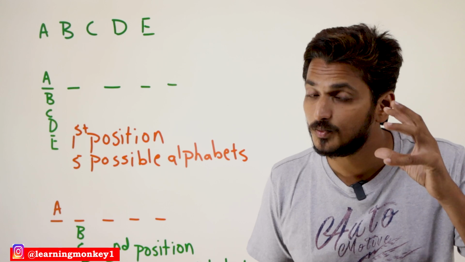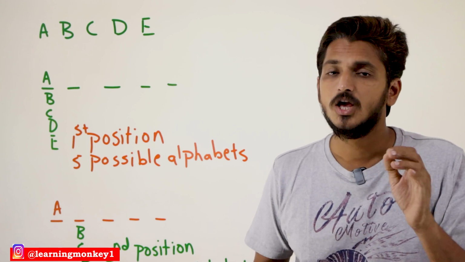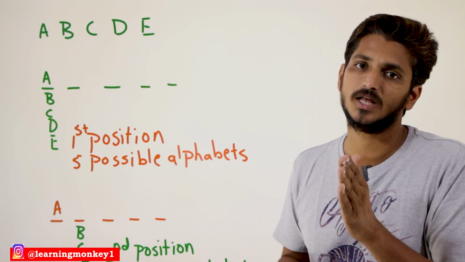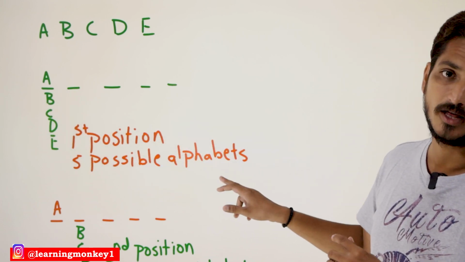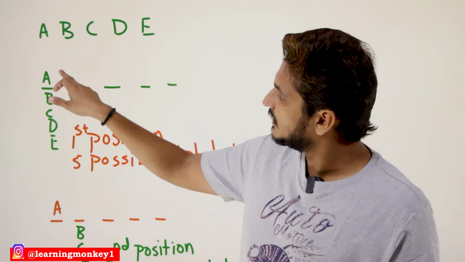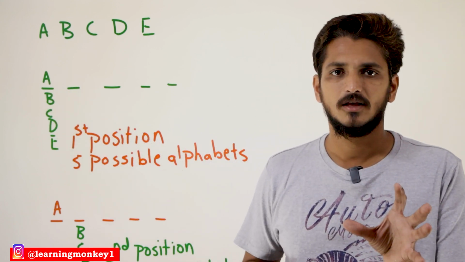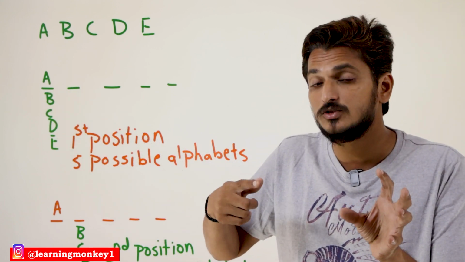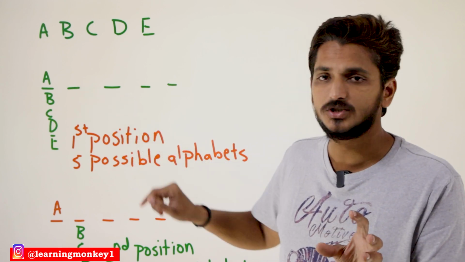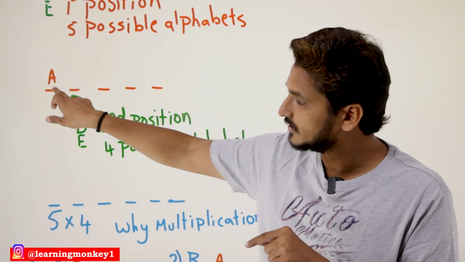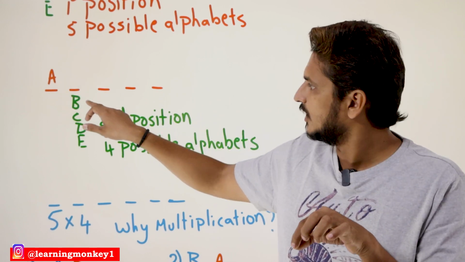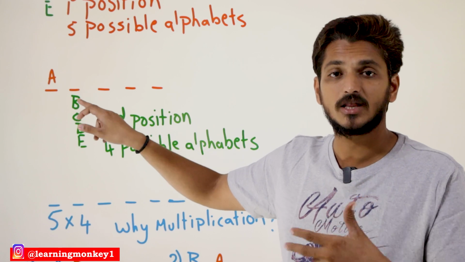So how many possible ways are there to fill the first position? You have 5 different possibilities. Assume that you fill the first position with A. How many possible ways do you have to fill the second position? Once you fill the first position with A, what are the remaining alphabets?